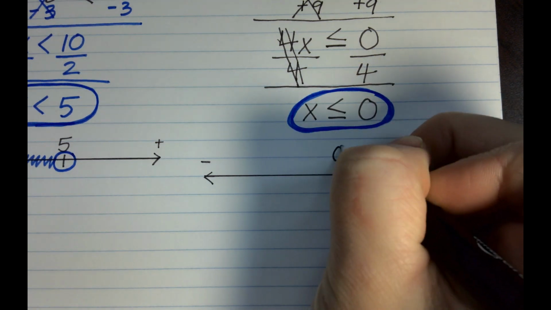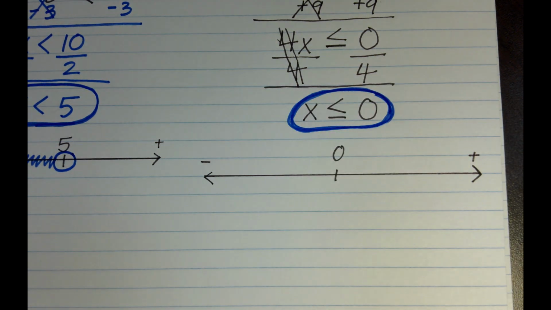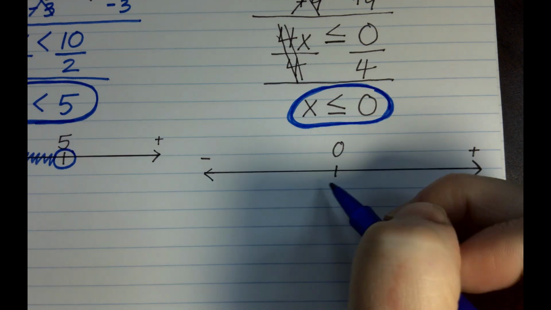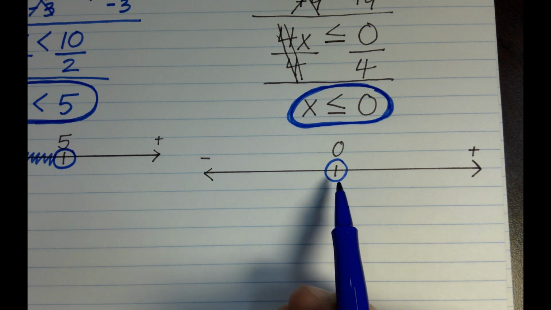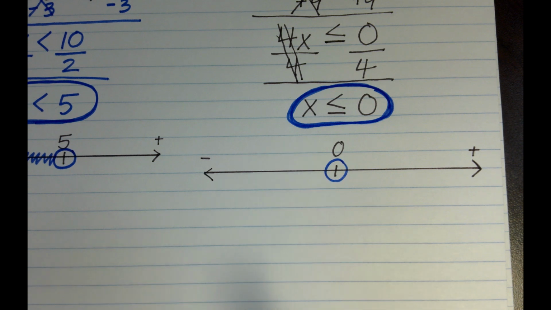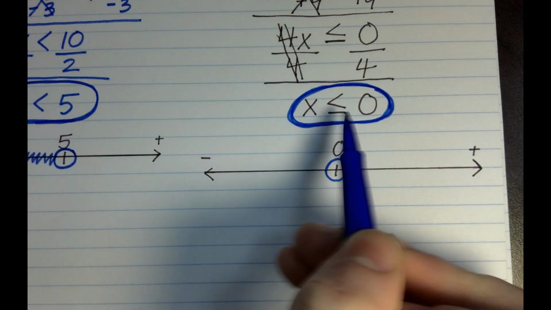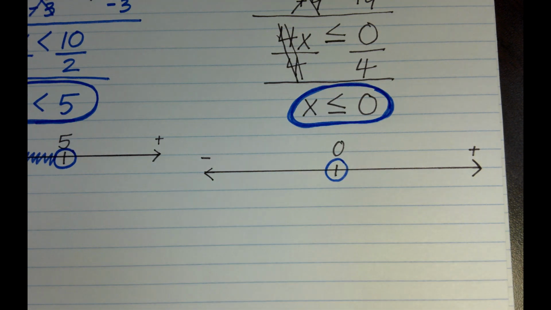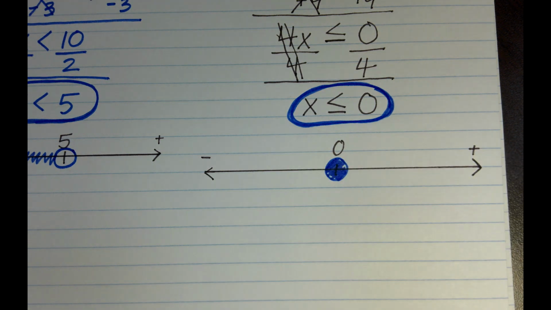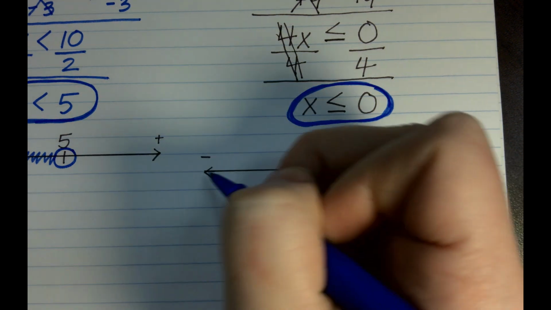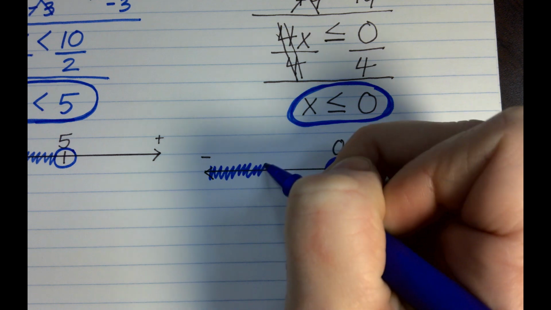So I'm just going to write 0. Then I circle my tick mark, and I heard you say it. We shade this one in. Why do we shade this one in? Because there's an equal to part of our sign here. It's not just less than 0, it's also equal to 0. So we color it in to show that. And what direction do we shade? The left. Very, very good.